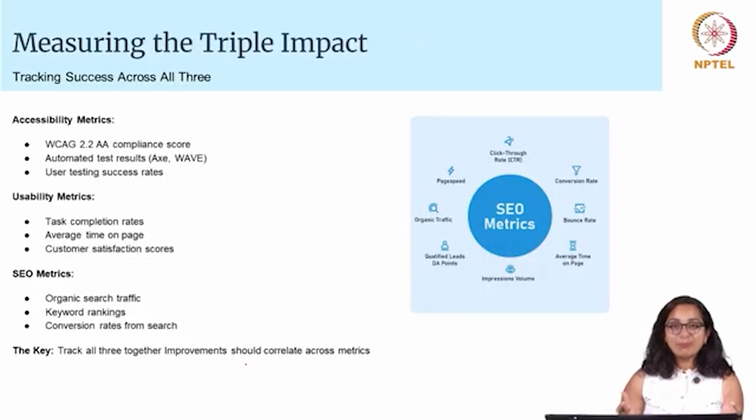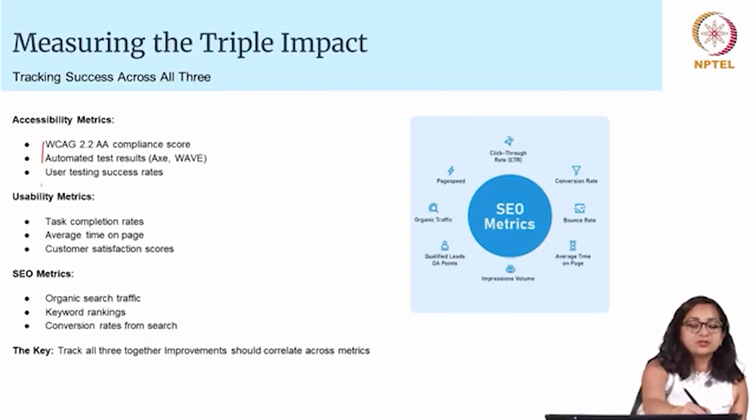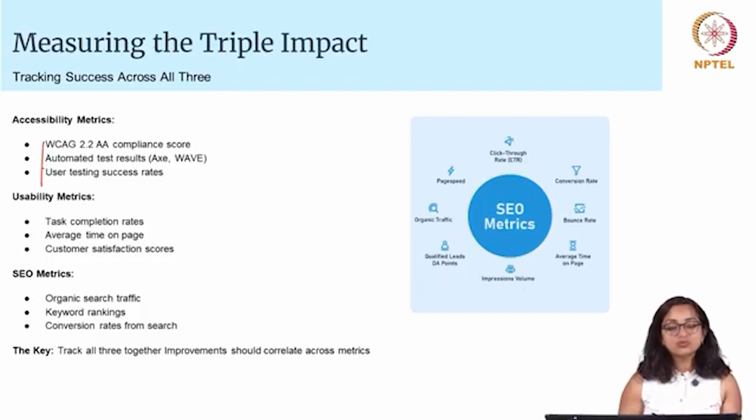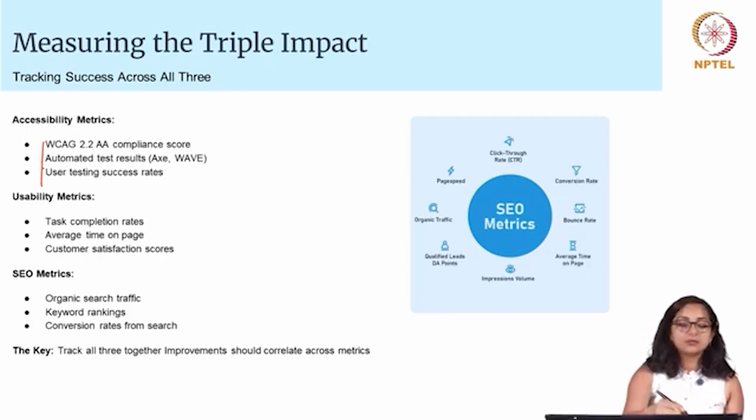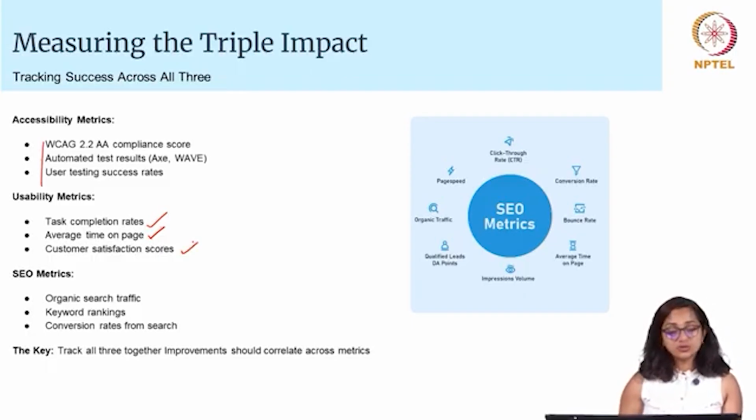Measuring the triple impact, so tracking success across all three. Accessibility metrics, we have already established: WCAG compliance scores, automated test results, user testing rates. Usability metrics: task completion rates, average time on page, customer satisfaction scores, they count as usability metrics.